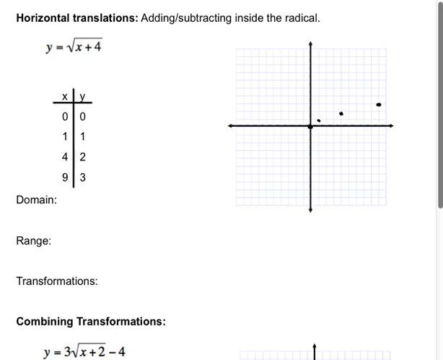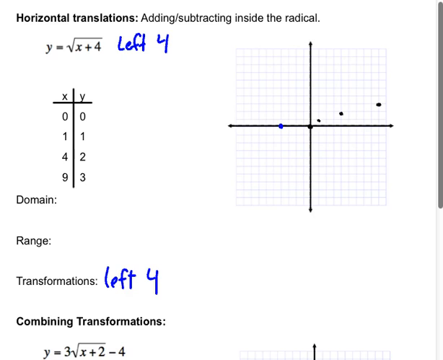So that's where I'm going to start, okay? Always start with that parent function. And now I'm going to see what translation happened. Well, here that's telling me I'm going left 4. Okay, so that's going to be my transformation. Left 4.